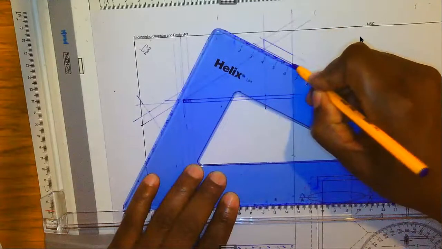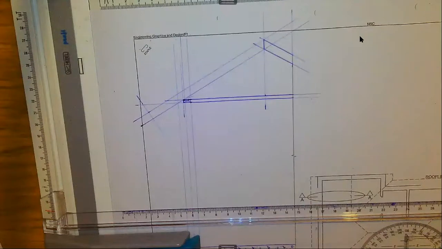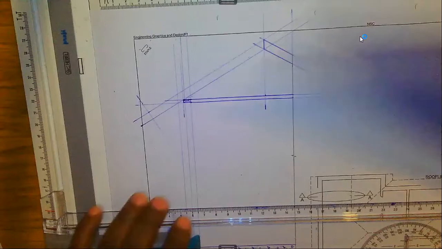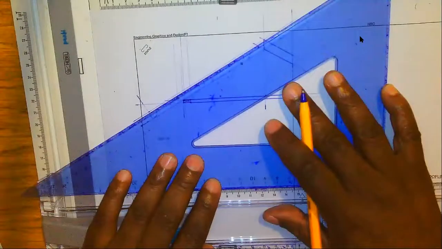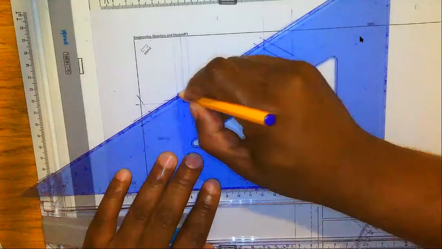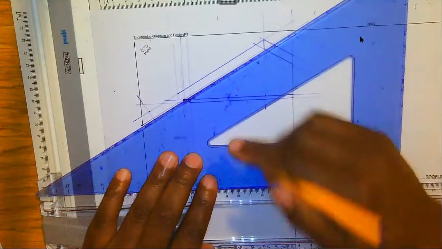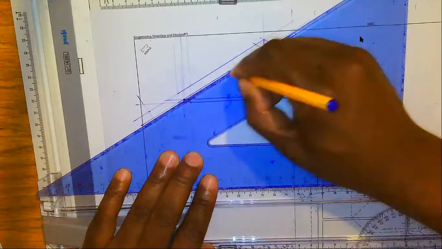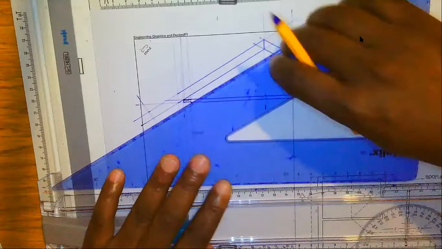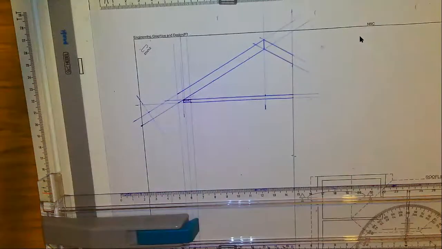For now, this is what I'm going to do, but it's not complete. I can outline up to the wall point just to give you an insight of what we are doing, but I'm going to extend it in order to accommodate the overhang. I just want to give you a picture.